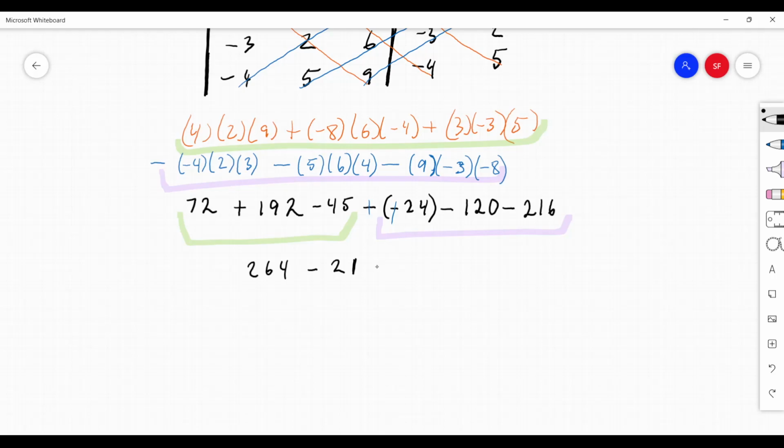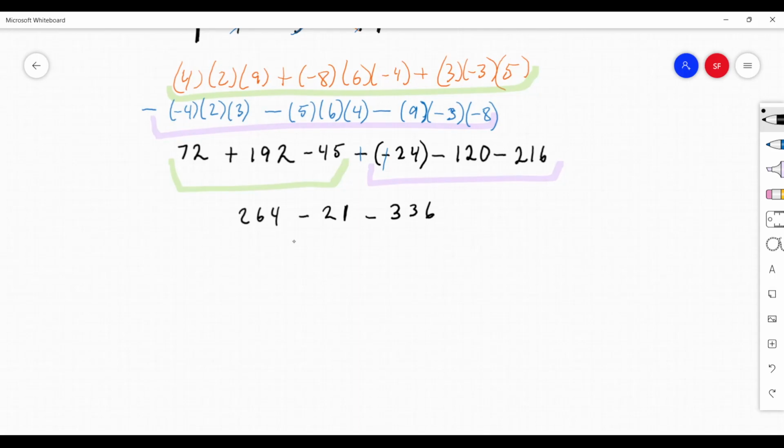And then this would be minus 336. So then these two would be 243 minus 336. Y'all see what teaching middle school does to me?